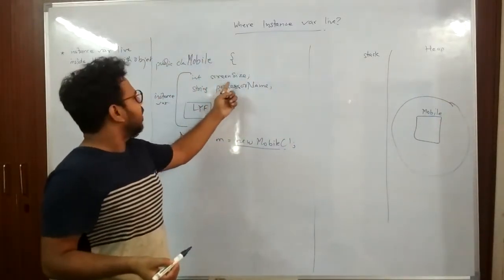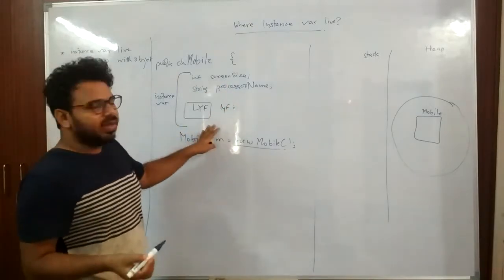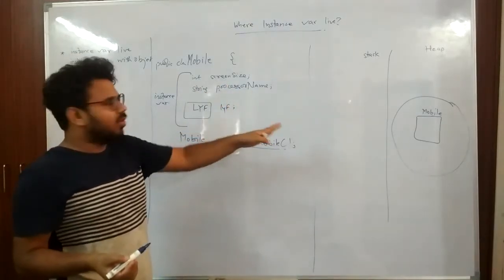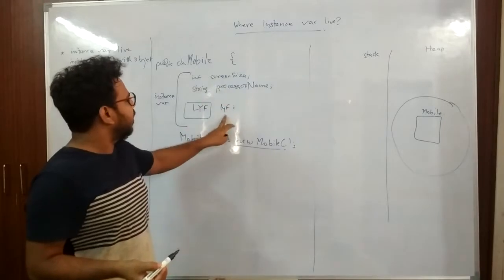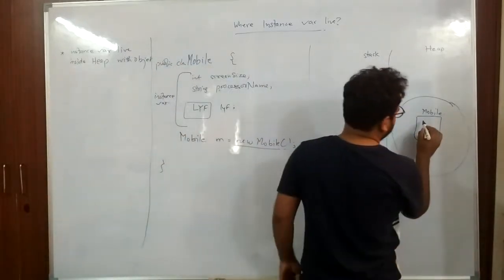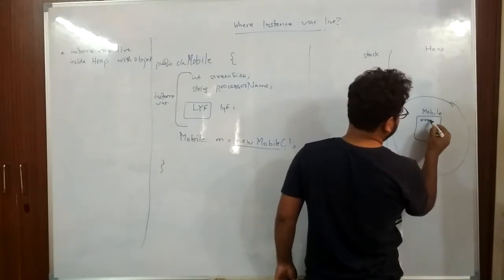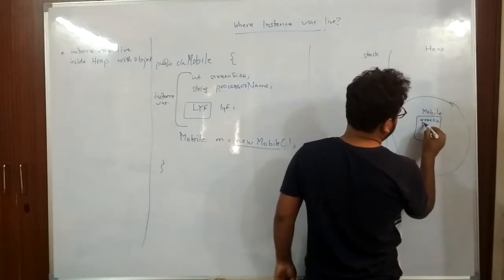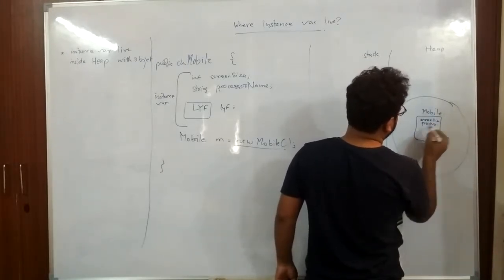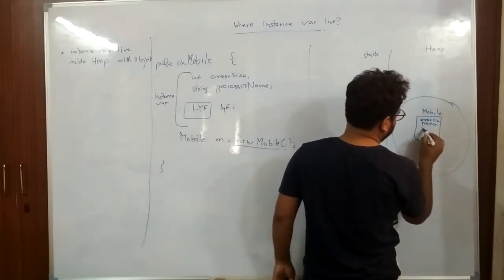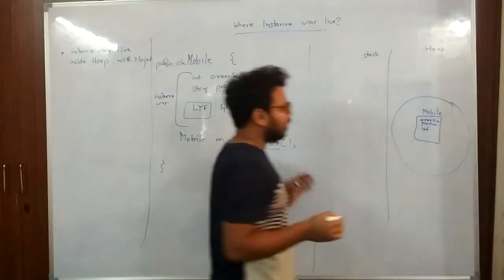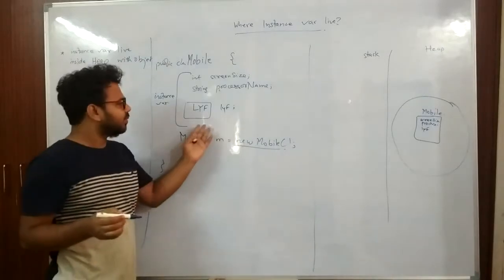This mobile object will contain, since these are instance variables and instance variables live with the object, screen size, processor name and life, these three will be here. Life is the reference variable which is an instance variable.